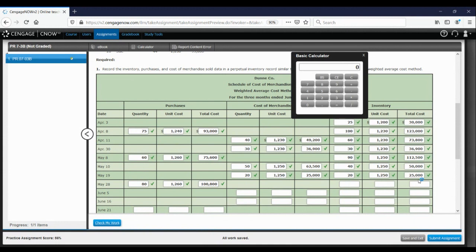First of all, we need to look at the ending inventory from May the 19th. The total cost of the ending inventory is 25,000. We're going to add to that what we just purchased, which was 100,800.